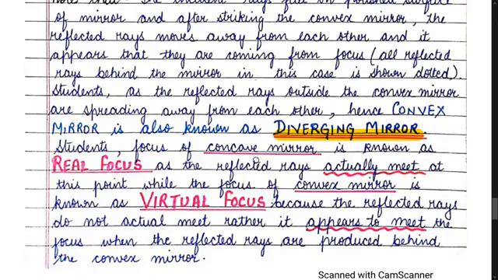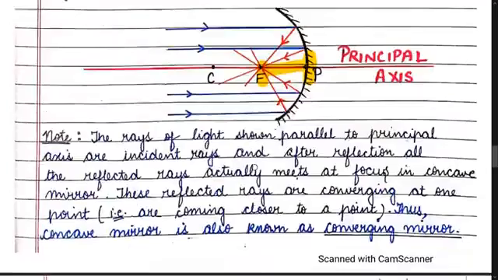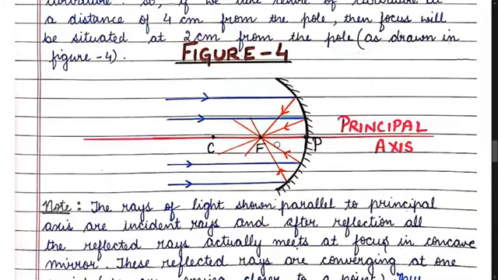So students, the focus of a concave mirror, as shown in figure 4, is a real focus. Why real?